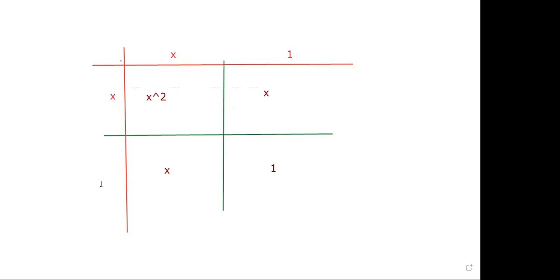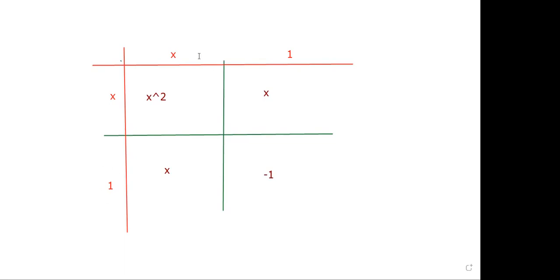Now, suppose this is negative. This is made of negative ones. That means either this is -1 or this is -1, right?